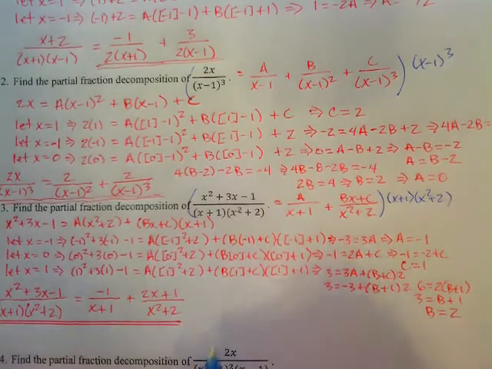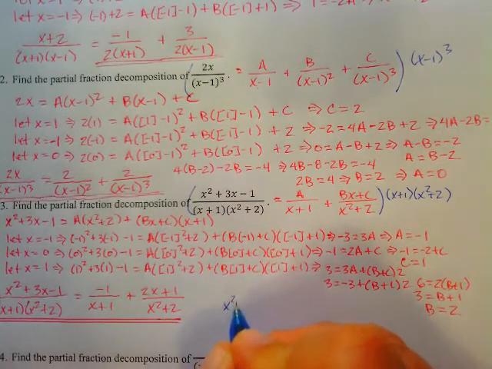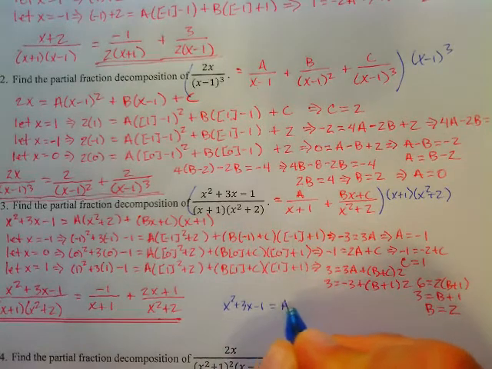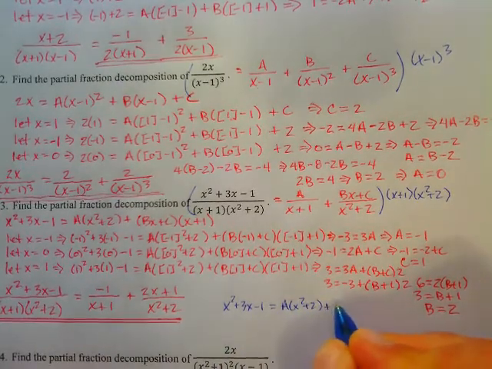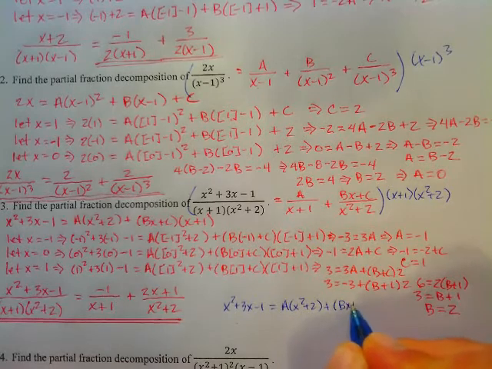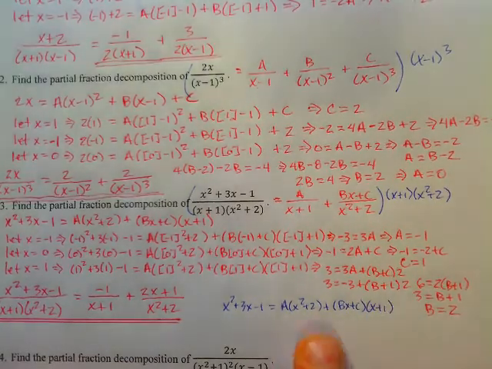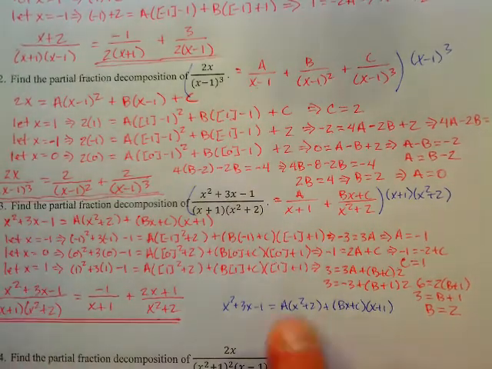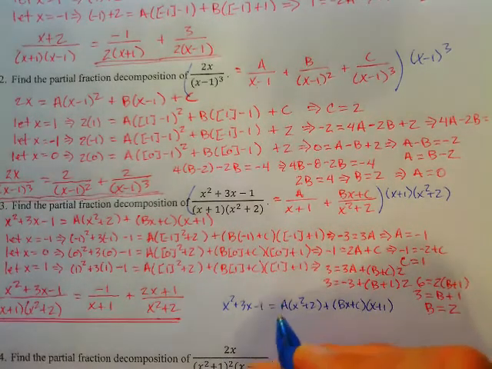So we had, I'm going to do it in blue here, x squared plus 3x minus 1 equal a times x squared plus 2 plus bx plus c, and then x plus 1. So we're going to take that expression after we got rid of all the fractions. And now let's go ahead and expand that and combine like terms.